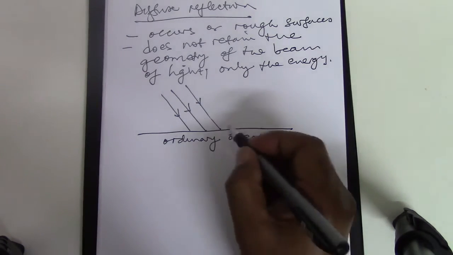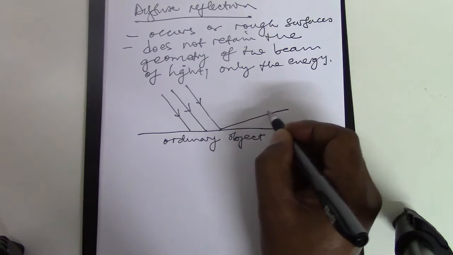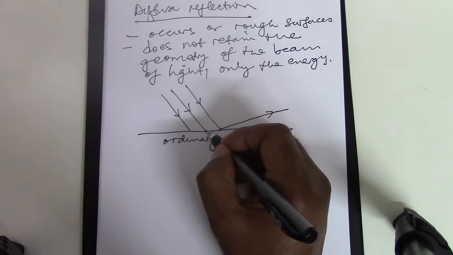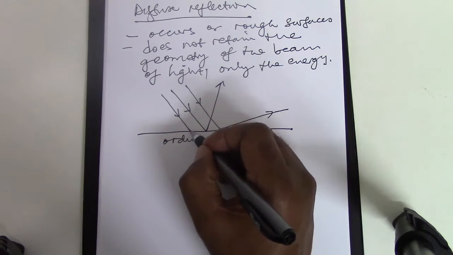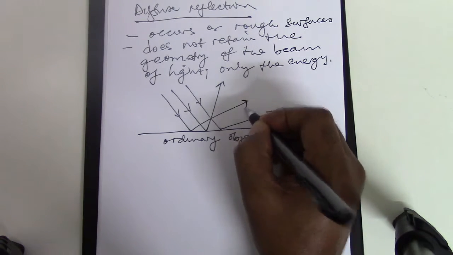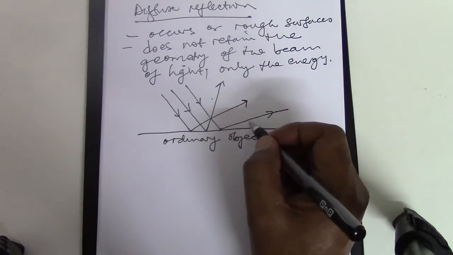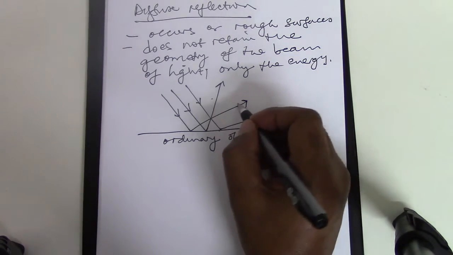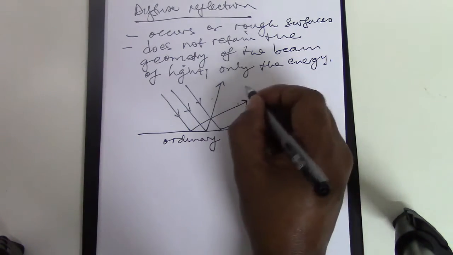Now, ray 1 goes in this direction, this ray goes in this direction, and this ray could be going in this direction.